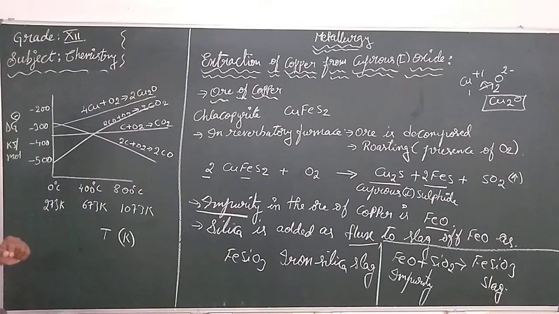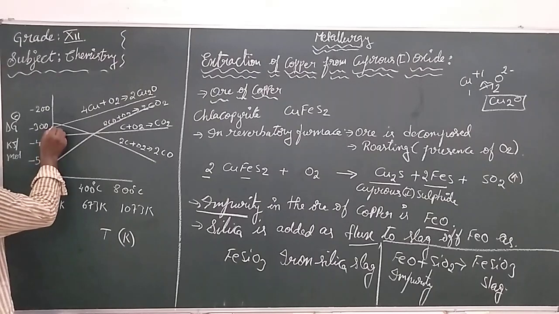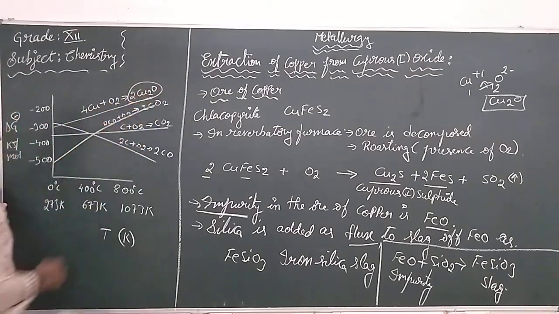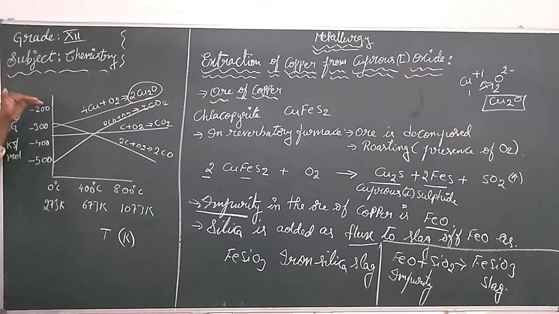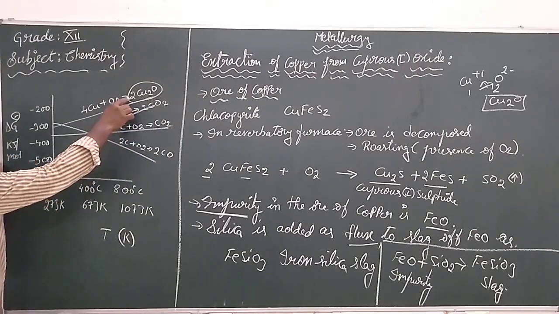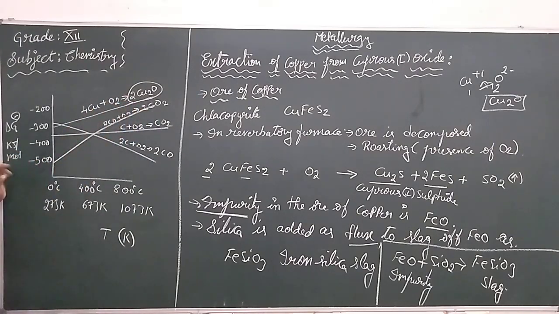We came to know when the delta G negative value of a metal oxide is at the top and the remaining lines are below, these can reduce the metal oxide. The lower lines can reduce the metal oxide that has the higher delta G negative value.